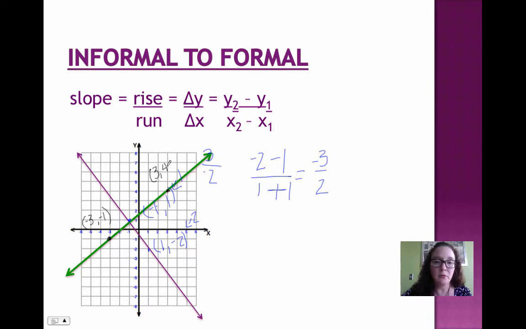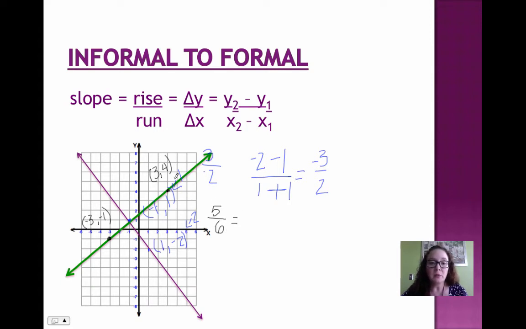Okay, so we can use the rise over the run. So the change vertically, 1, 2, 3, 4, 5. Our change vertically was 5. And our change horizontally, 1, 2, 3, 4, 5, 6. So there is our rise over our run.